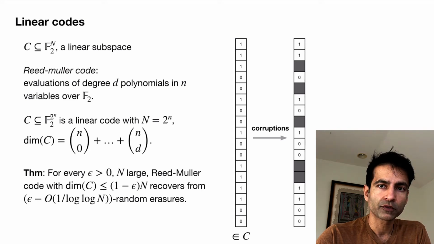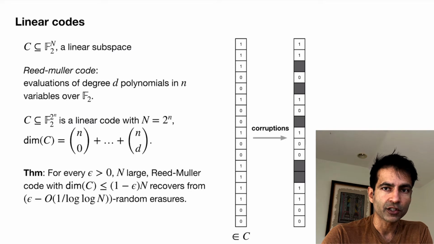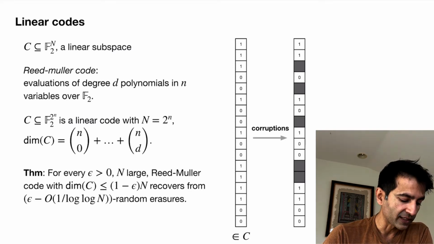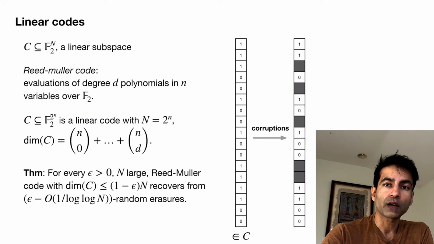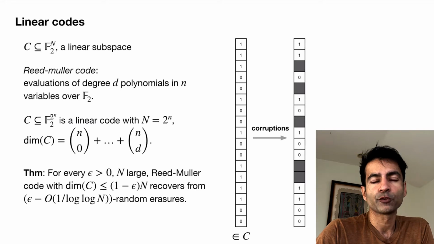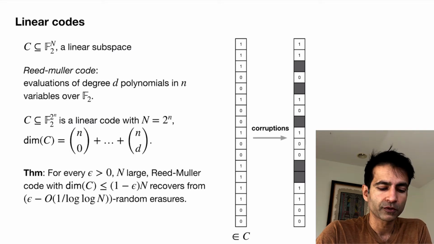And the theorem that I want to prove is that for every epsilon, if n is large enough, then the Reed-Muller code of dimension (1 minus epsilon) times n will recover from epsilon minus little o of 1 random erasures. So that's the result we're going to prove.